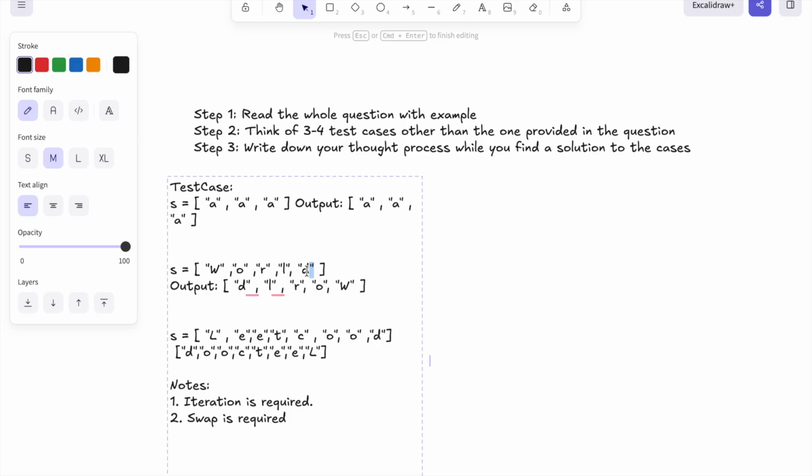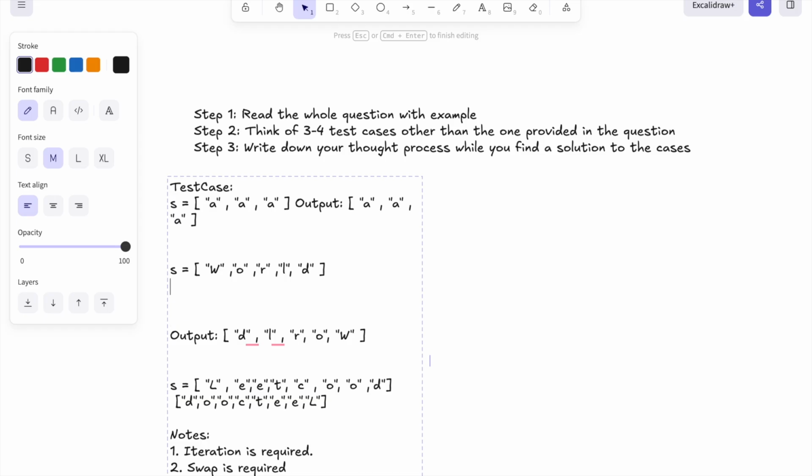Okay, that means I need to do swapping of the first and last letter. That is one thing that now I know, right? Swap first and last letter, right?